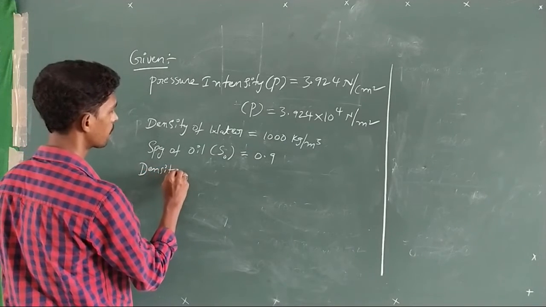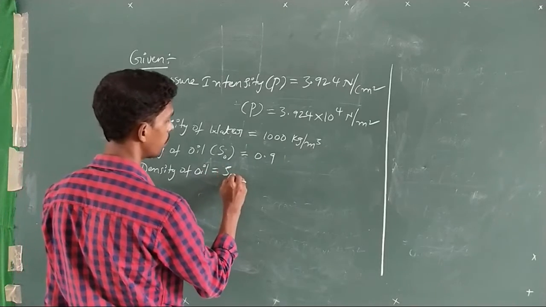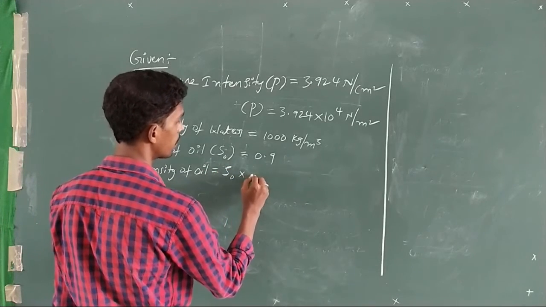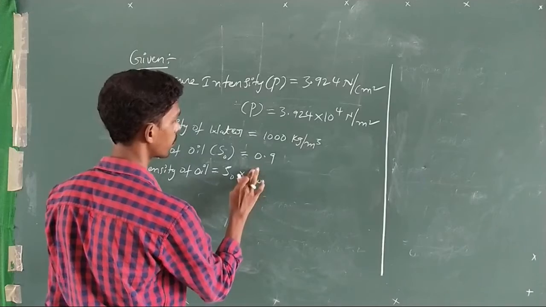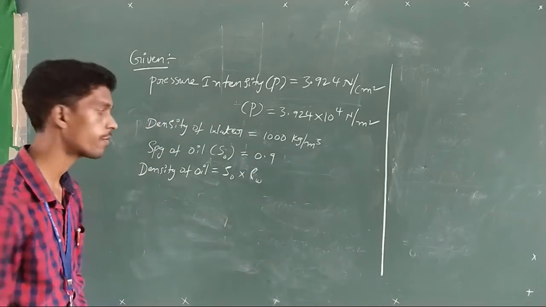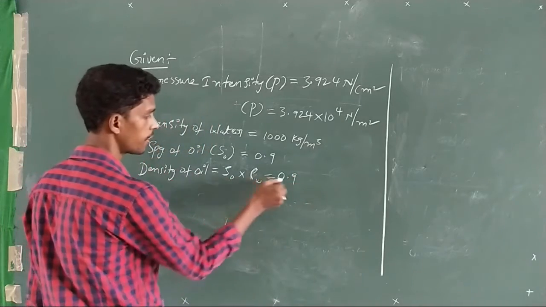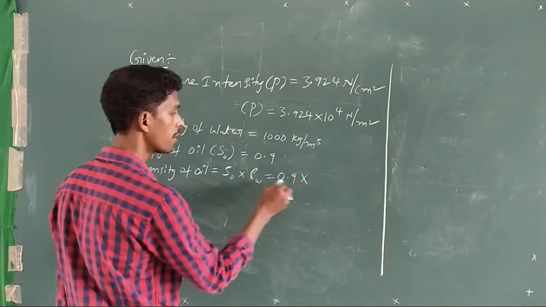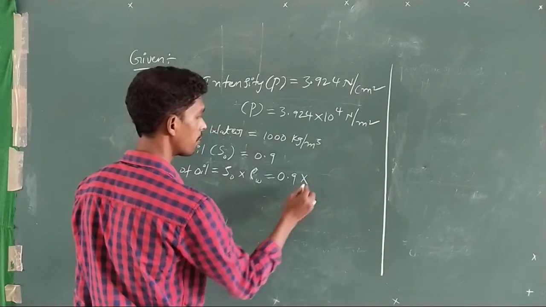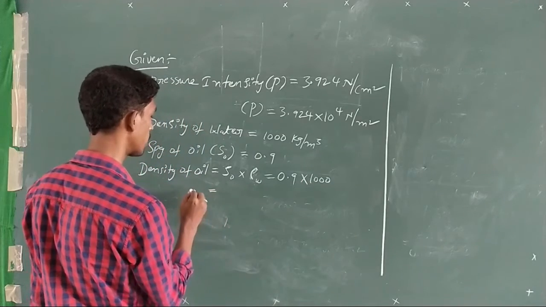Density of oil is equal to specific gravity of oil into density of water, right? So specific gravity of oil into density of standard fluid. Here specific gravity of oil is 0.9, and the density of water is 1000.